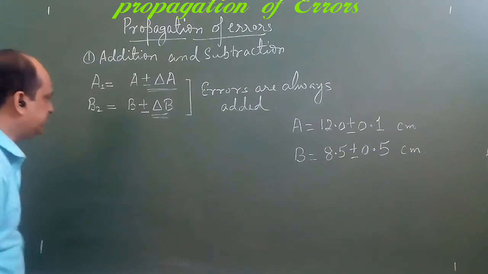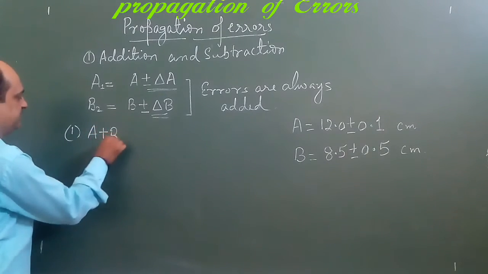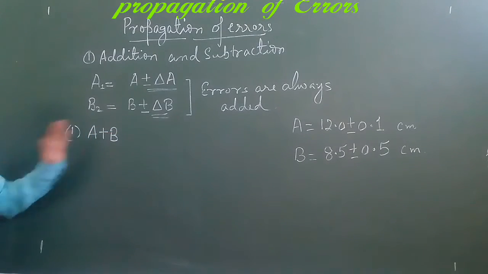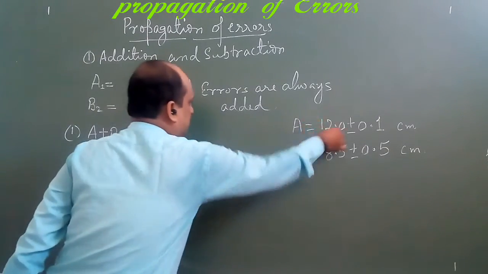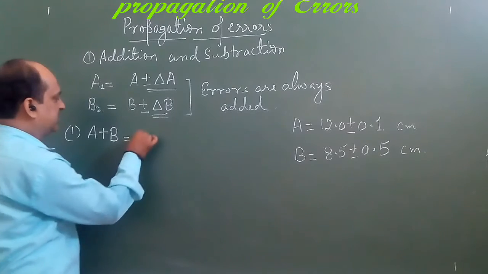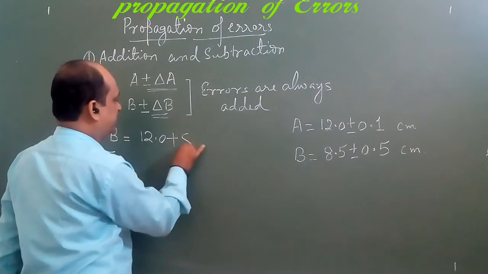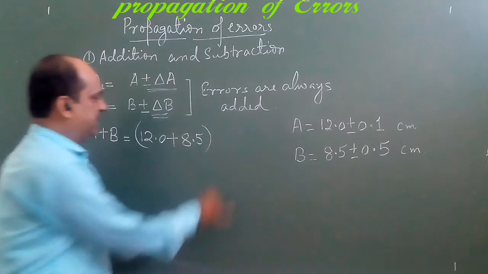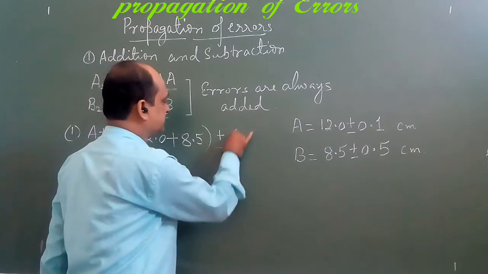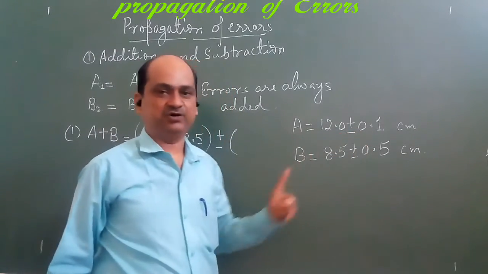Now we have to calculate first A plus B. While we are adding two physical quantities, this can be written as the main values of A and B added together, 12.0 plus 8.5, and then we have the plus minus sign, and the error values are always added.